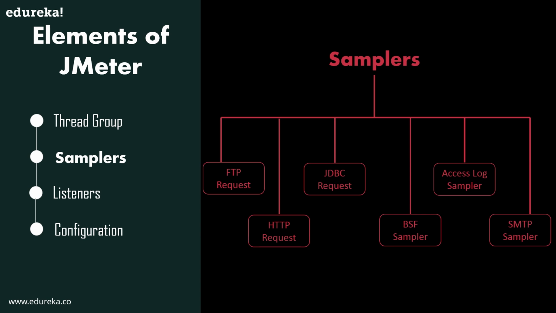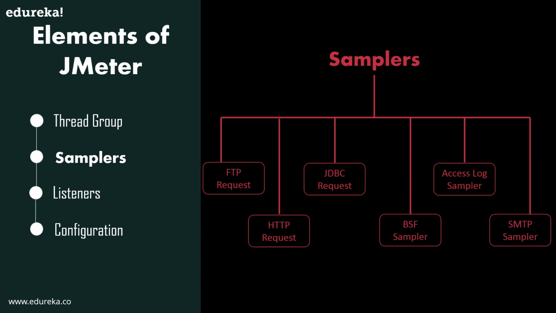JMeter sends an HTTP request to the Google website and retrieves HTML files or images from this website. Next is the JDBC request. This sampler lets you execute database performance testing. It basically sends a JDBC request to a database. And then we have the BSF sampler.